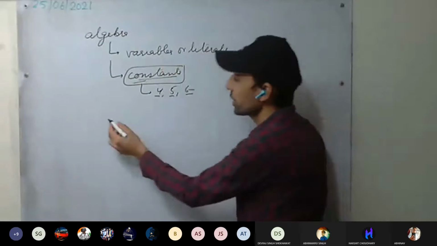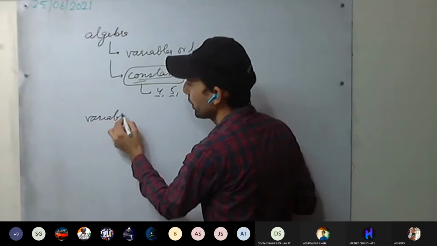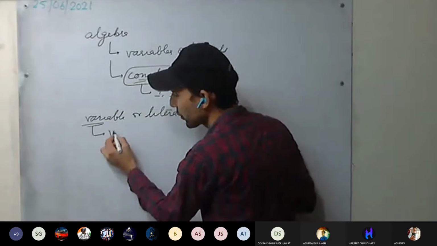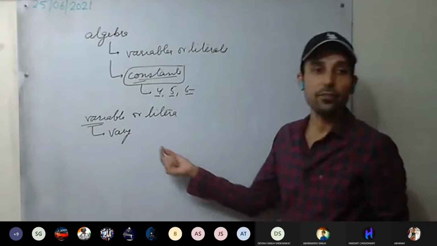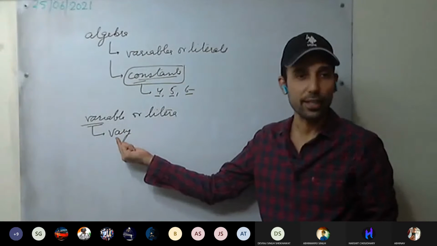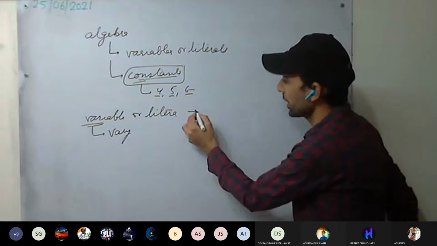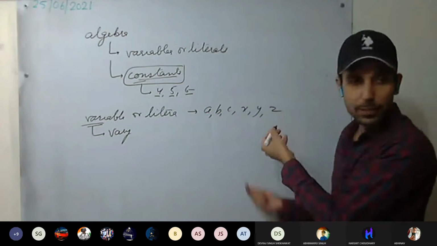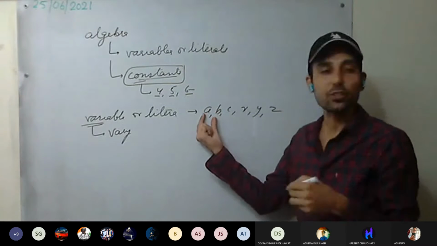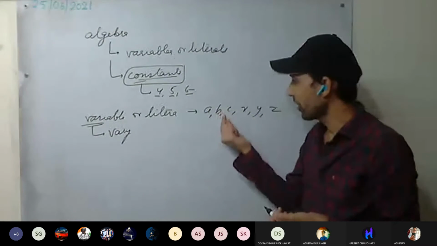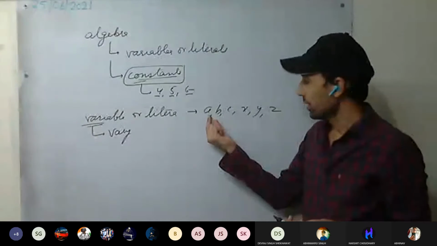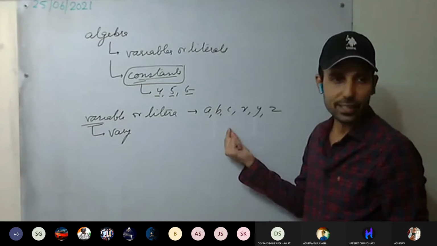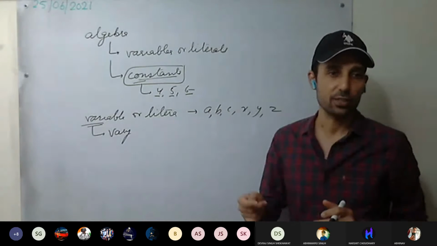Now, what does variable or literal mean? Variable, you can say there is a word vary in it. If the quantity these variables represent, or some symbols, take it A, B, C, X, Y, Z, based on some condition, if we find the values of them, their quantities can vary. What A can represent, what B can represent, C can represent, their value is unspecified.